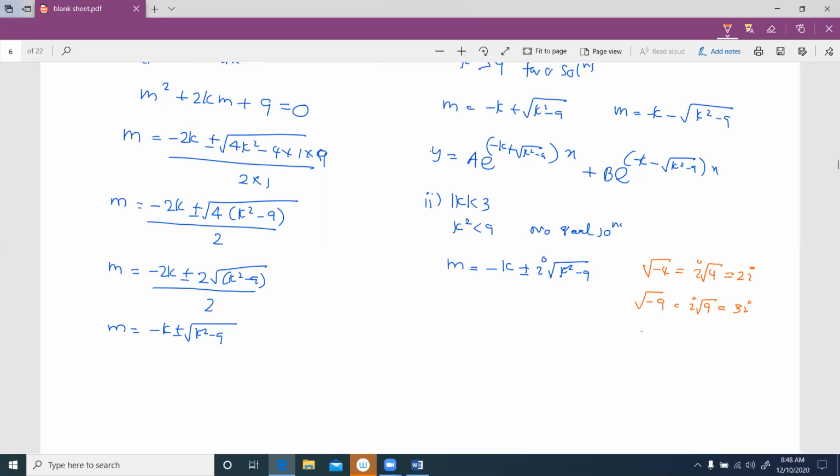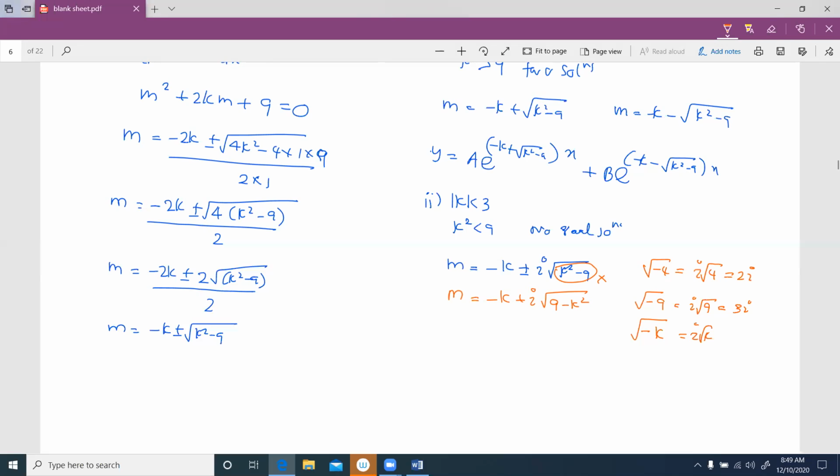Then if it is minus k, how do you write it? This is i times the square root of k. So when you take this i out, obviously what happens to this term? This is not k squared minus 9, because you take a minus out of this expression. So this is not the answer. The exact format here would be m equals minus k plus or minus i times the square root of 9 minus k squared, because you take that minus out as the square root of minus 1, as i. So this is the answer for that.